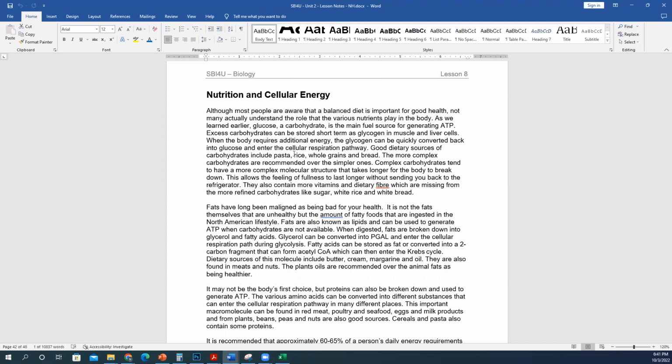When fats are digested, they are broken down to give glycerol and fatty acids. If you can remember back when we looked at the structure of fats and lipids, we could see that they are made up of a glycerol molecule and 3 fatty acids. So the glycerol gets converted into that molecule of PGAL, which then enters the cellular respiration pathway during glycolysis.